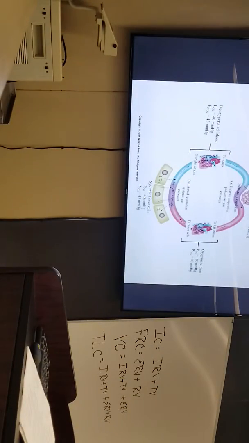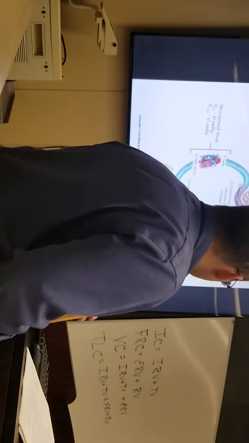Now we're getting to the part where we talk about how we get oxygen circulating in our blood, and how we get carbon dioxide circulating in our blood and eventually out of our body. We're going to come to another gas law.